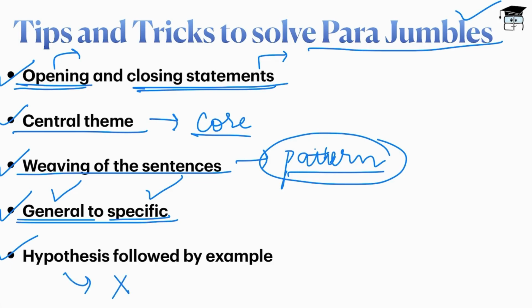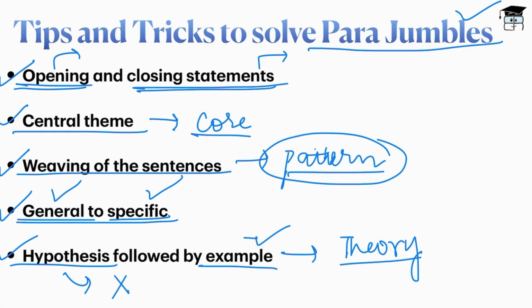Why is that? Because sometimes an example is provided first and then a hypothesis or a theory is given to support that example, right? But what we're talking about here is that we're giving a theory and an example is later on provided to support this theory, right?